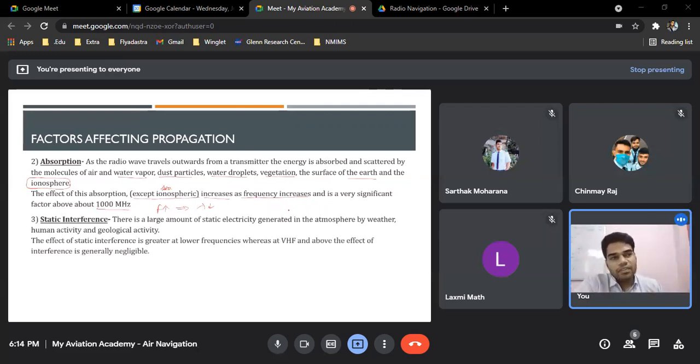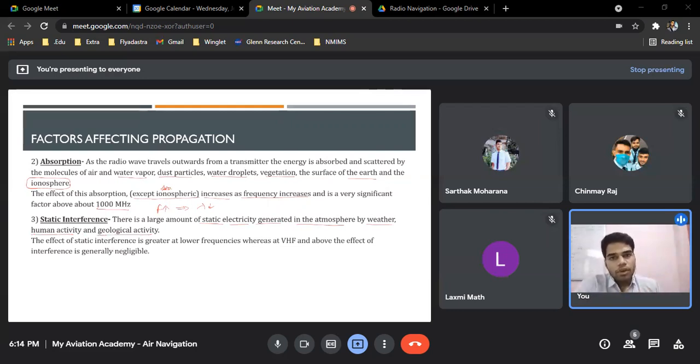Then we have static interference. Static interference is just like lightning and thunderstorms; all these create some static in the atmosphere. Now this is not static pressure, this is static electricity, generated in the atmosphere by weather, human activity, and geological activity.